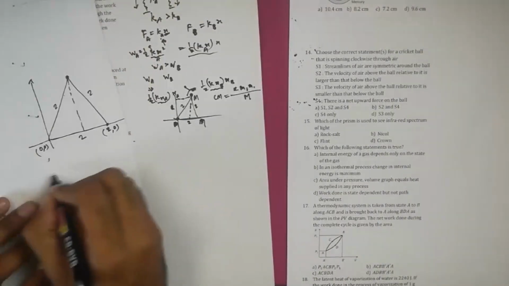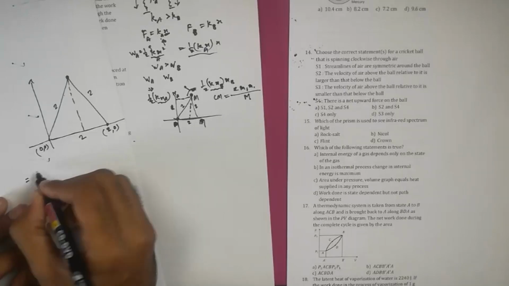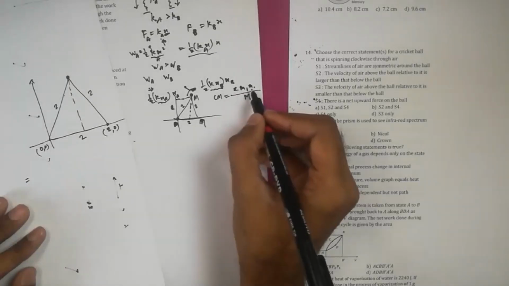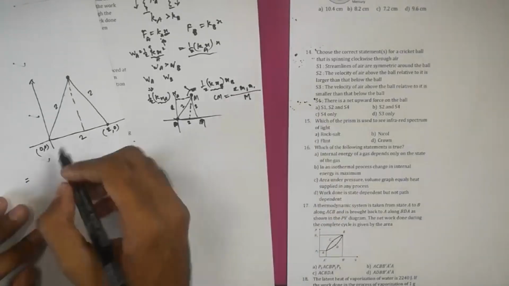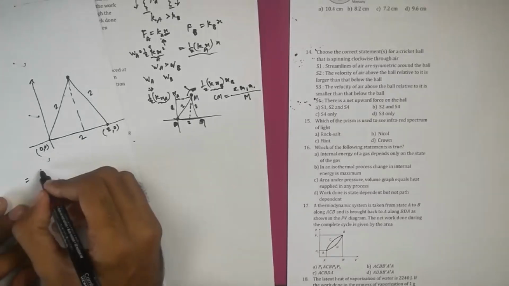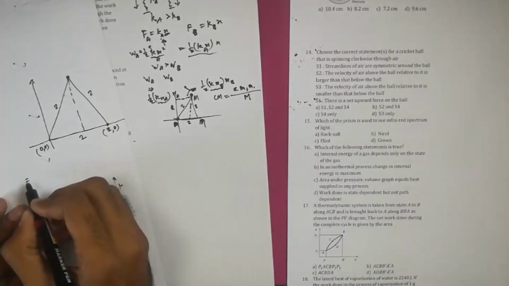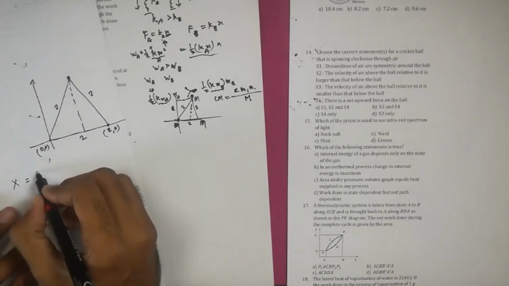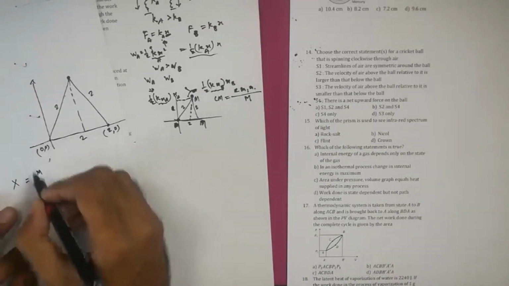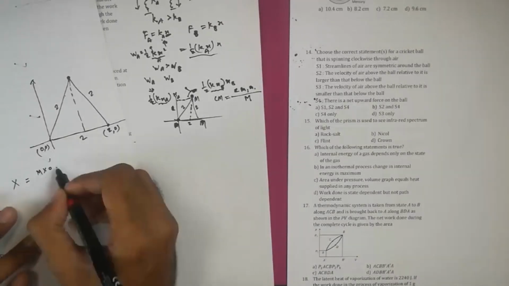In this case we can take all of them. We can find the y coordinate and we can find the x coordinate. So let's start with the x coordinate. First particle mass into x position 0, plus second particle mass into x position 2, plus mass of the third particle into its position.